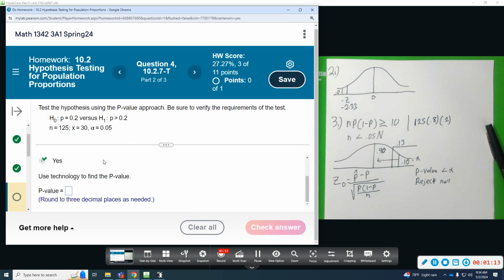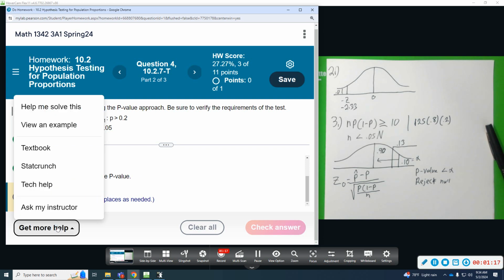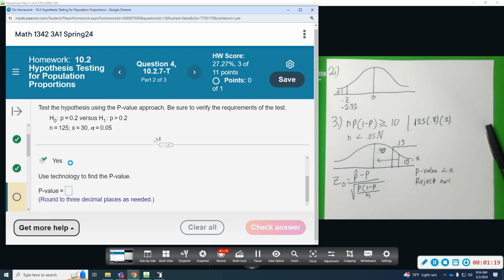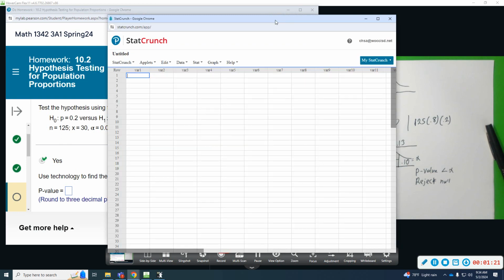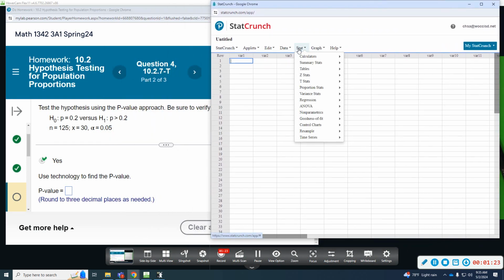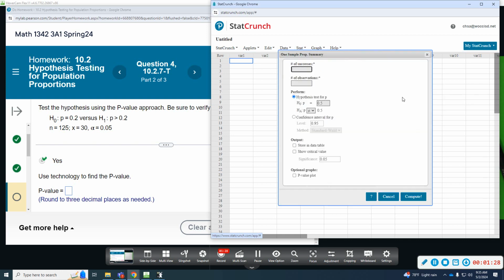Now, next it says use technology to find the p-value. So I'm going to go to StatCrunch. We're going to go to Stat, Proportion, 1 sample, With Summary. Number of successes, X, was 30. Number of observations, my sample size, is 125.